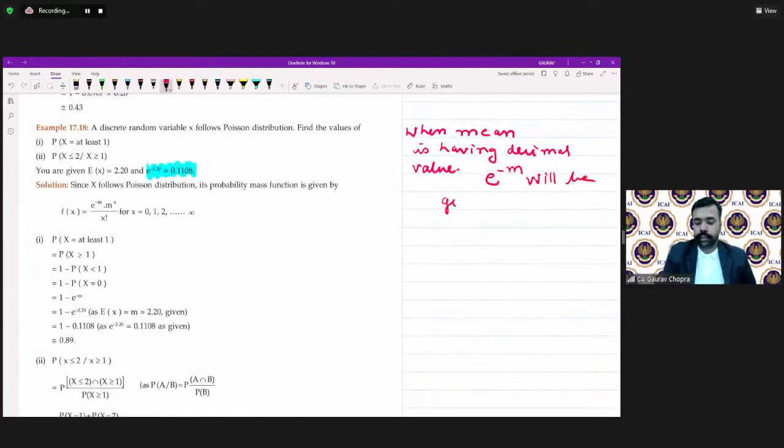Just note it from the previous question also, and now in this example also. Whenever the value is a decimal, we have to check the exponential table. Otherwise, the question will give it itself. So in the examination, you don't have to ask for such tables because the question will provide you the values. But if it is rounded off, we can easily calculate it on the calculator. All right.